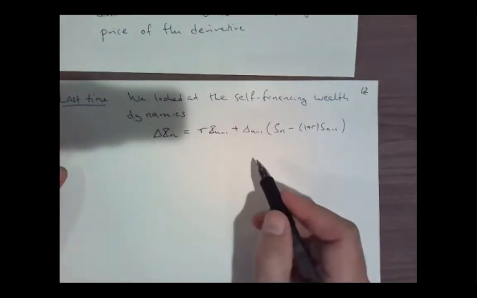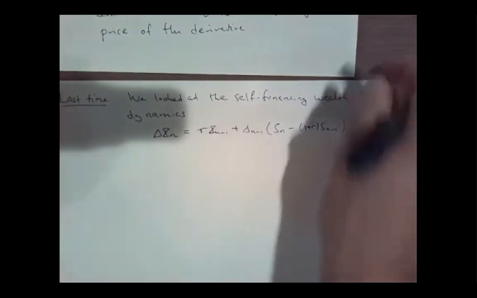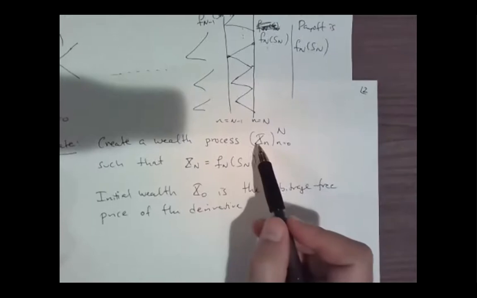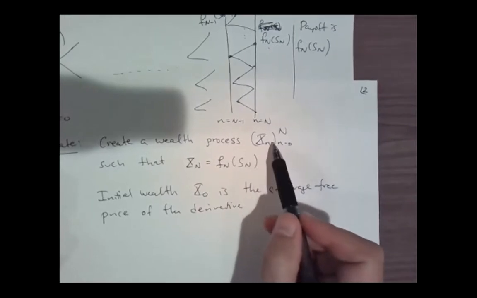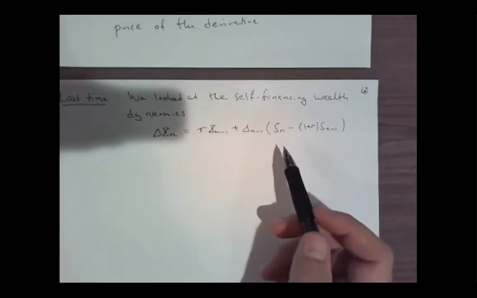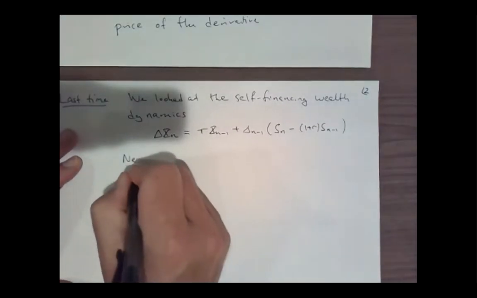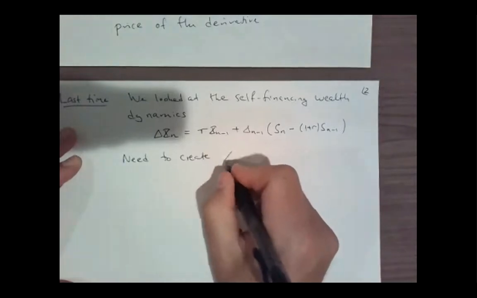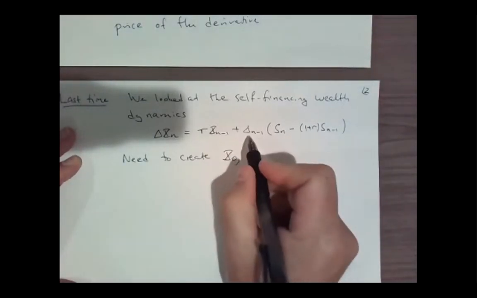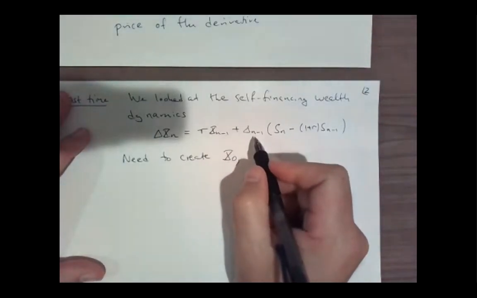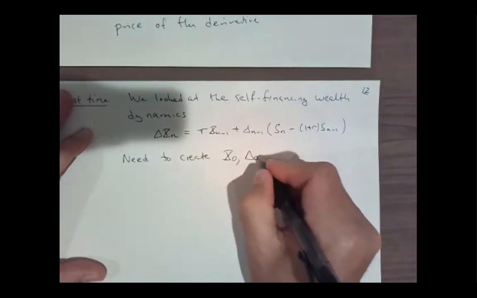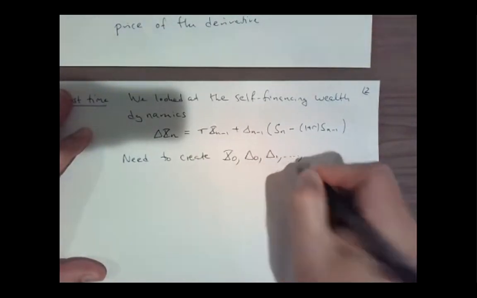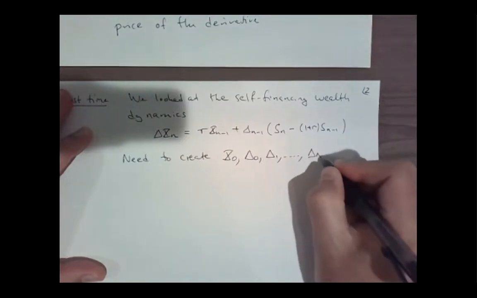But you can see from this that if I am to create a wealth process, I need to create the initial wealth, and then I need to create all these deltas, which is the investment in the stock. So I need to create delta 1, all the way up to the last one, delta n minus 1.